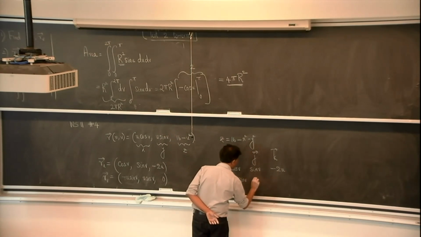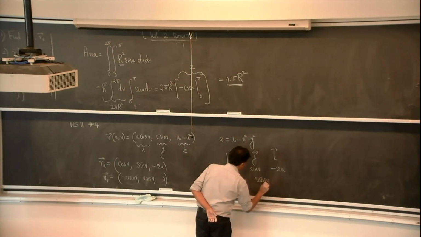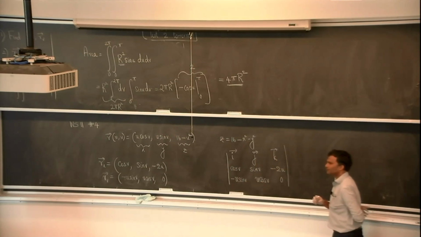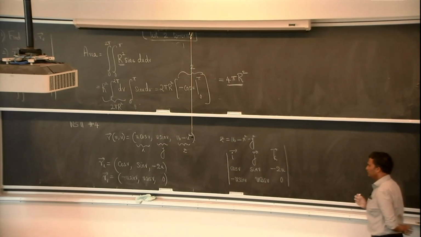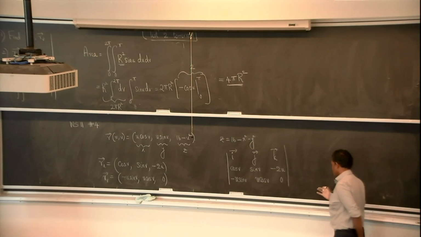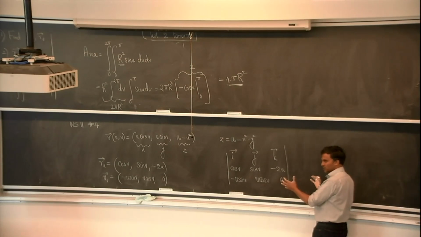So the mistakes that you should not make is to first, and don't write it as a scalar. Okay, this is a vector in R3.